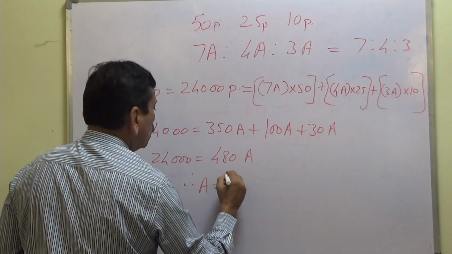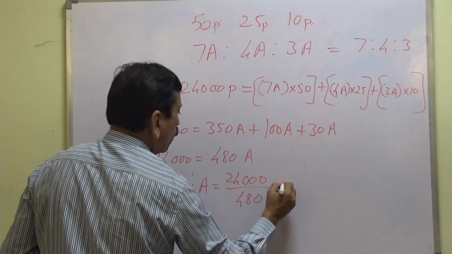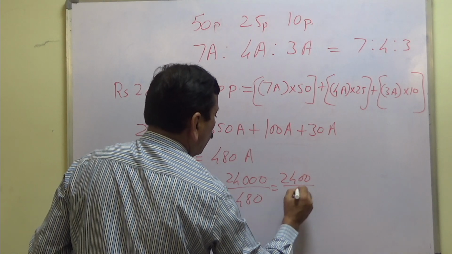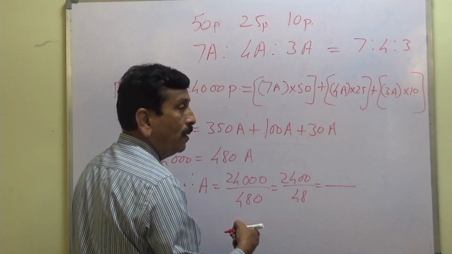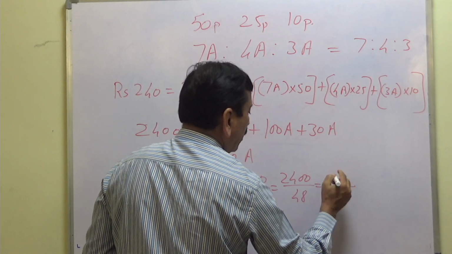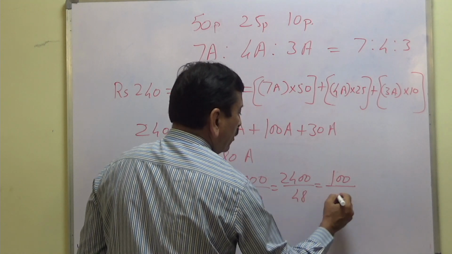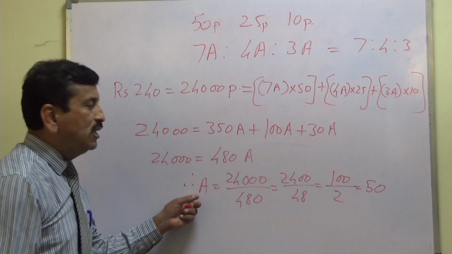A is equal to 24,000 upon 480, which is 2400 upon 48. Dividing by 24 up and 24 down, 2400 divided by 24 is 100, and 48 by 24 is 2. So we get A is equal to 50.